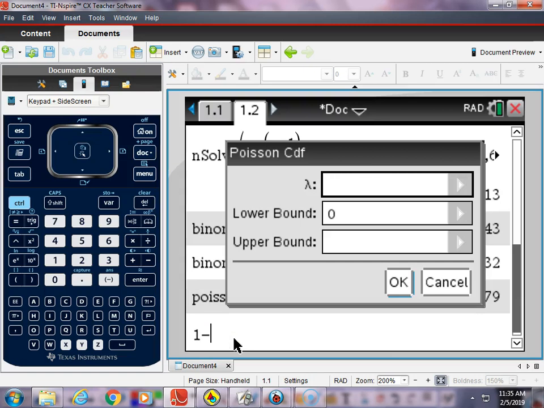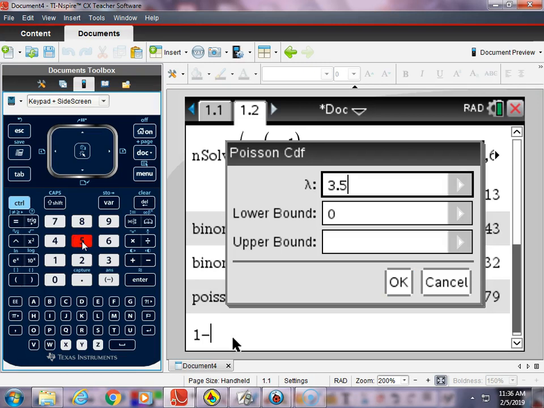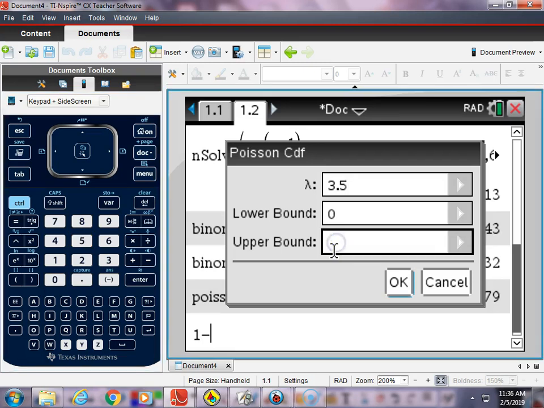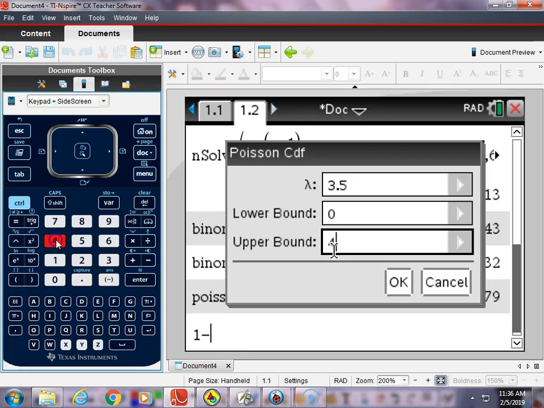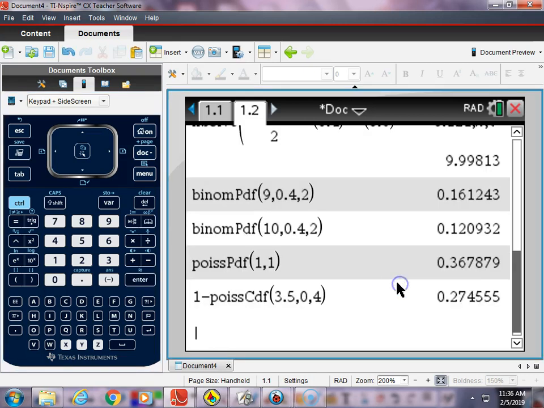So what did we say the average was? 3.5. And notice that the default lower bound of 0 doesn't mean it's always 0, but it does remind you not to leave off 0, because it's really easy to leave off 0. And you just want to start with 0. It was 4, wasn't it? Is it 4 or 5? It was 4, because it was greater than or equal to 5.